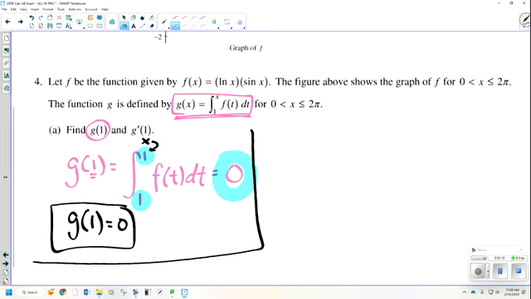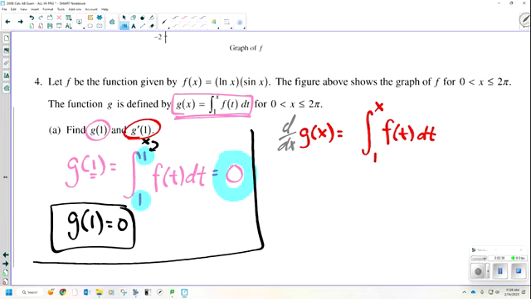Now, let's do g prime of 1. But first, we have g of x. Again, that's given as the integral from 1 to x of f of t dt. If I am going to take the derivative of g, that means I have to take the derivative of this integral.